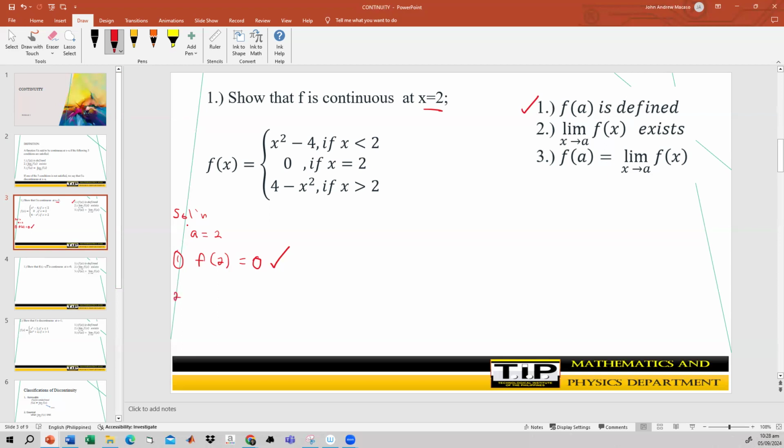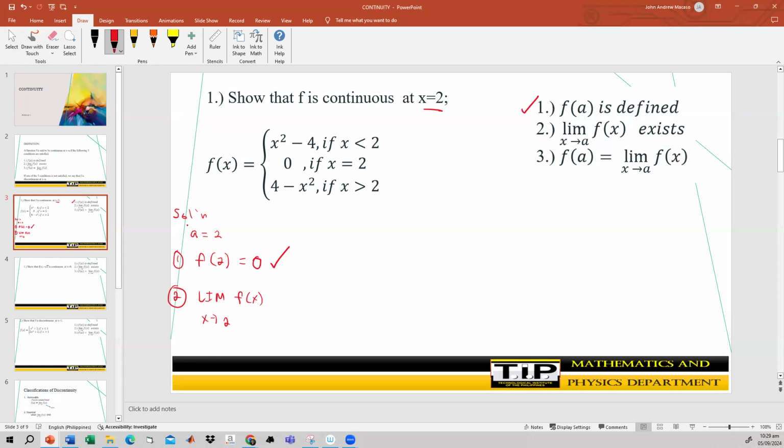For the second condition, we need to prove that the limit of f of x as x approaches a exists. So we'll write the limit of f of x as x approaches 2. For us to know if this exists, we just need to check the two-sided limit.